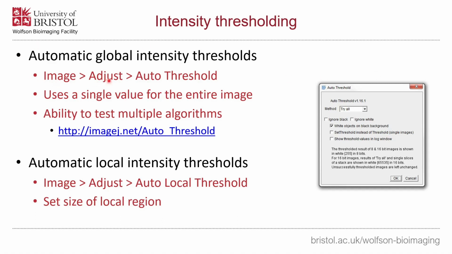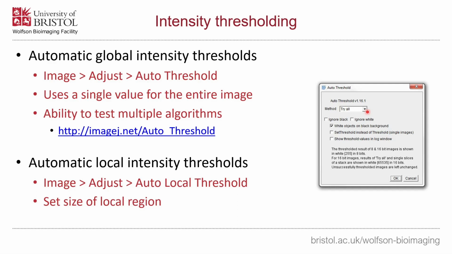You just go to Image, Adjust, Auto Threshold, and you'll see this window here. You can set it to either white objects on a black background or vice versa, and you can select a different automatic thresholding algorithm to apply. There are about 16 different automatic thresholds in this plugin.